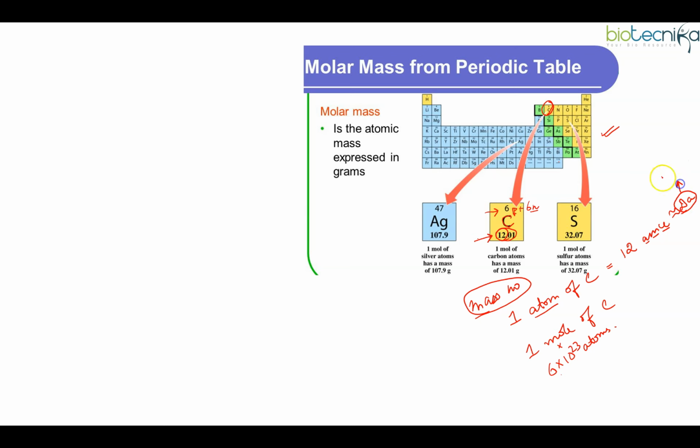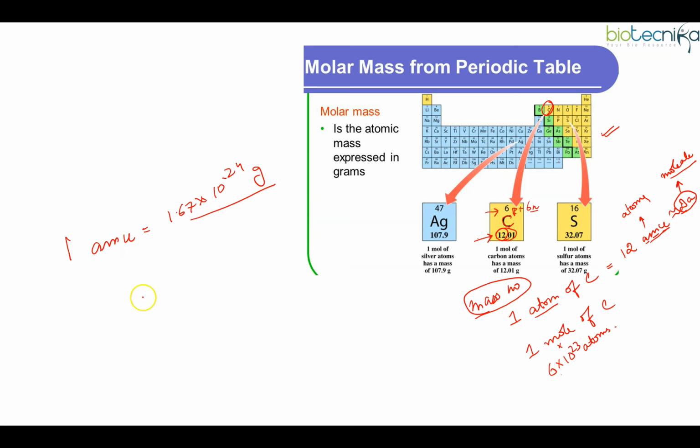Dalton we generally use for the mass of molecules, and atomic mass unit we generally use for atoms. If you want to express it in gram, 1 atomic mass unit is equal to 1.67 into 10 to the power minus 24 grams.